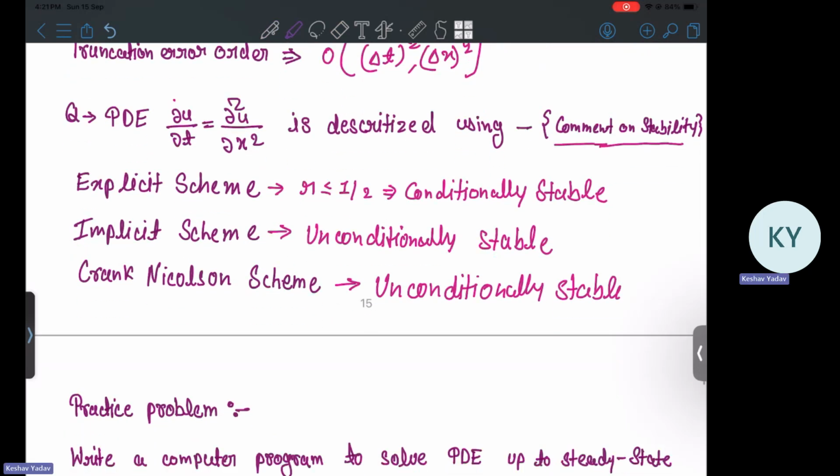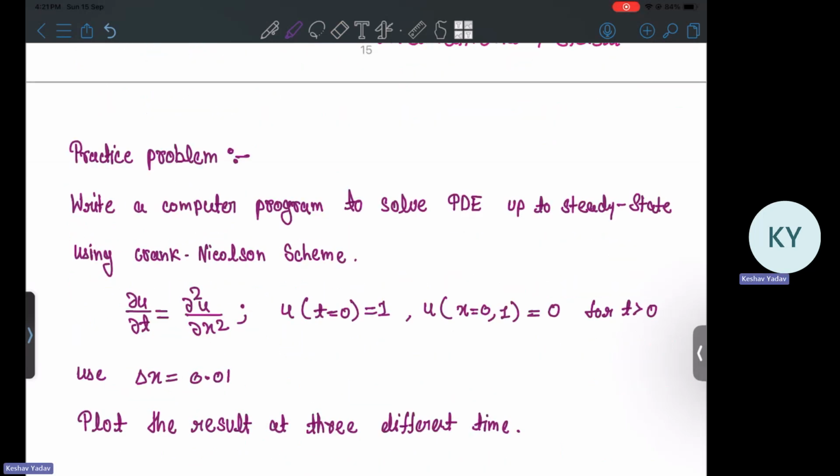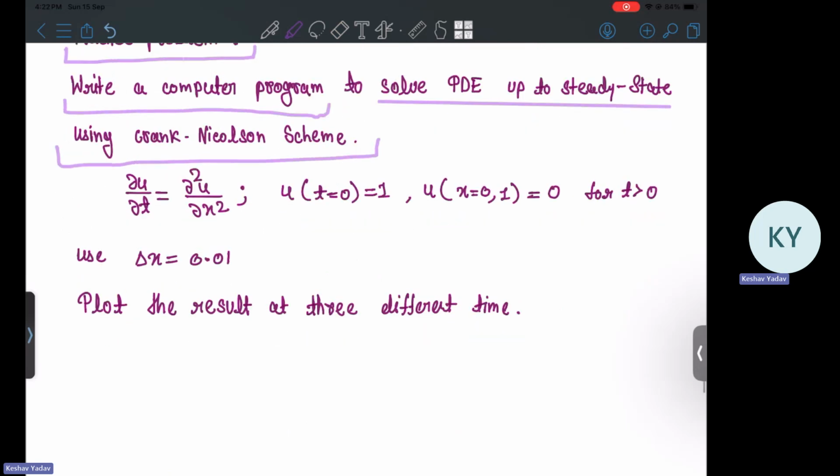Now we'll see one practice problem. Okay. So the practice problem is like this. We need to write a computer program to solve the PDE up to steady state using the Crank-Nicolson method. What is the PDE? The PDE is del u upon del t equal to del 2 u upon del x square, like we have seen in the whole lecture.